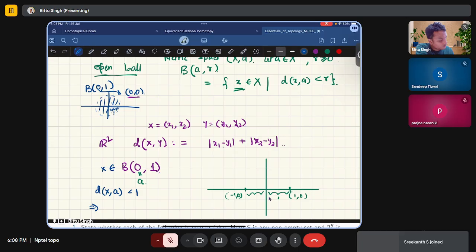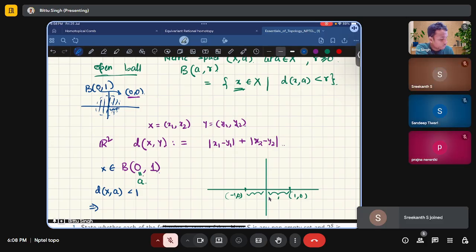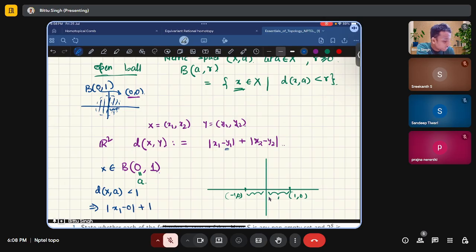Now if we put the value of a as 0 comma 0, then this is mod x1 minus a1, which is 0, plus mod x2 minus 0, strictly less than 1. That is the same as saying mod x1 plus mod x2 is strictly less than 1.